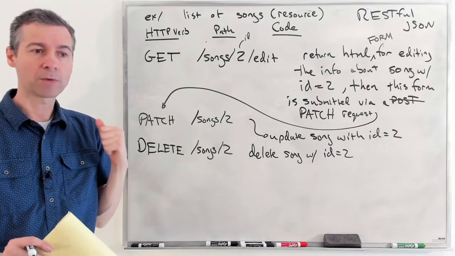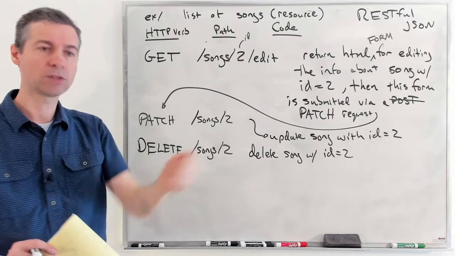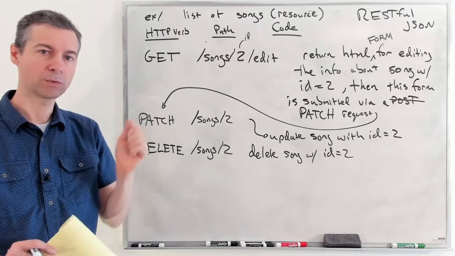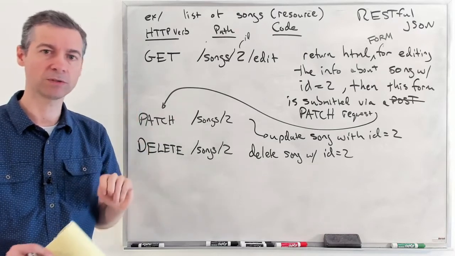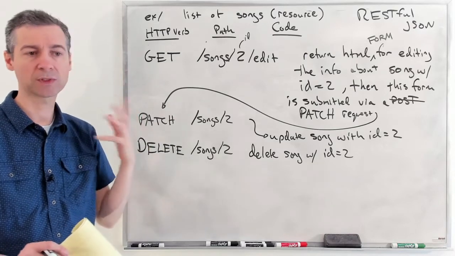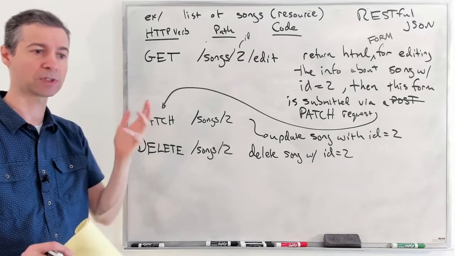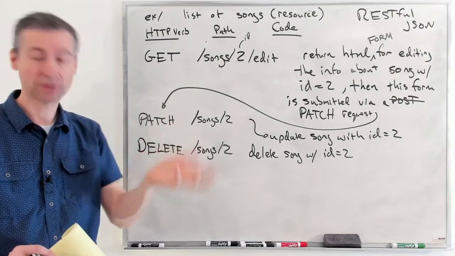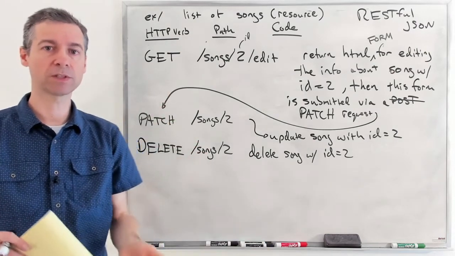Oh yeah, I want to be able to create a new resource. All right, so we have a get with a resource name /new. It gives us a form back. Once we submit and post that form, a post to songs or to the resource path, all it means is create this, insert in the database, and so forth and so on.